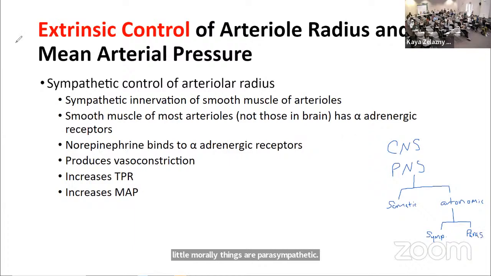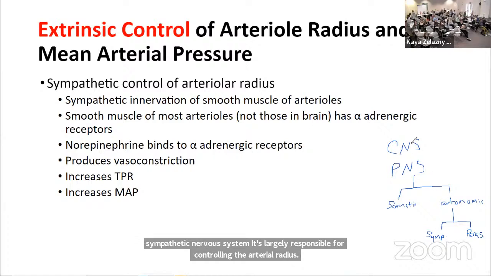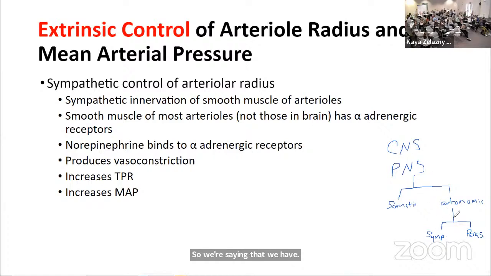So what we're saying here, when we say that the sympathetic nervous system is partially responsible for controlling the arteriolar radius, is that we have nerves coming out of the central nervous system into the peripheral nervous system. They're still coming out, efferent. We're talking about autonomic nerves, so they're operating in relative secrecy, involuntary control.